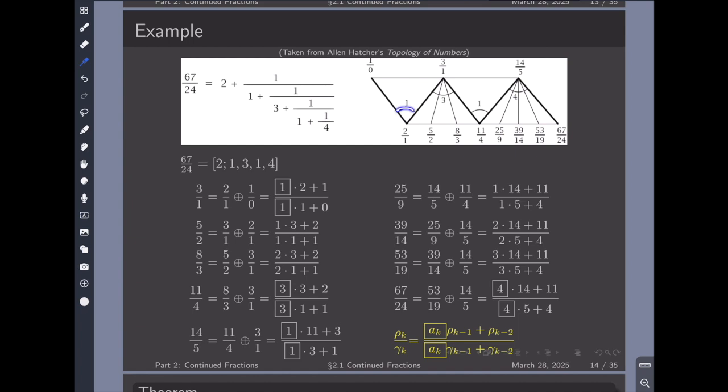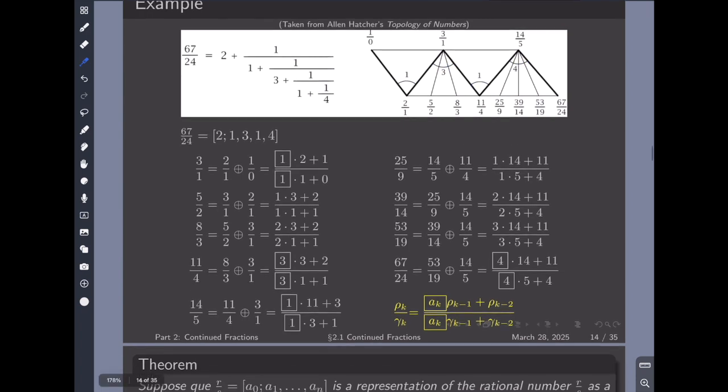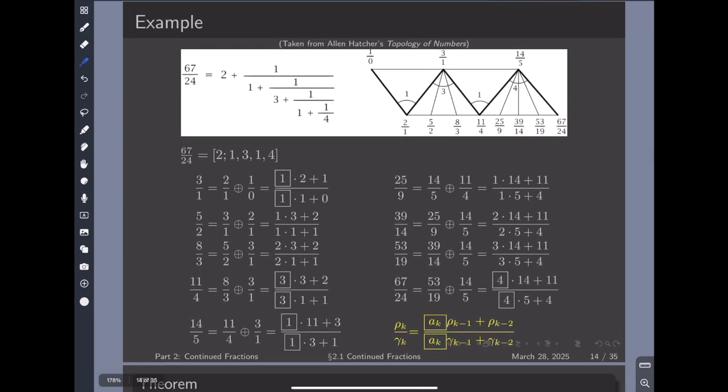And then 1, 3, 1, 4. Sorry, in one of the two representations. Sorry, yes. Let's say for positive rational numbers. For the other one, for instance, -3.